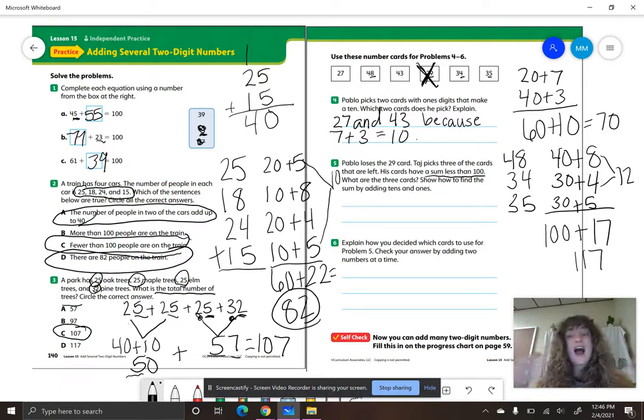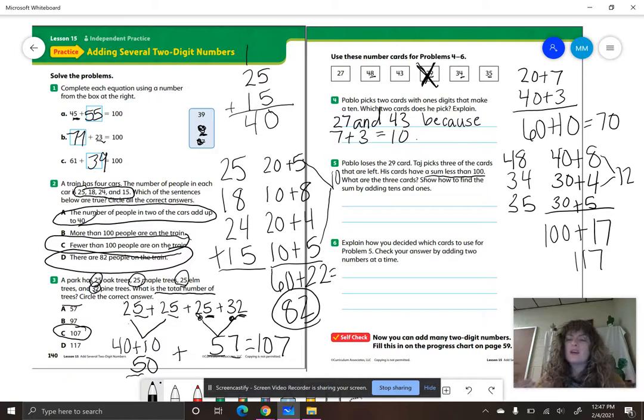Okay, so Miss Mason was already trying to think ahead, thinking that we wouldn't need 27 or 43. So we know that 48 plus 34 plus 35 does not make a total less than 100. So we're going to have to try something else. I'm trying to think which number I could switch to make a whole that is less than 100.